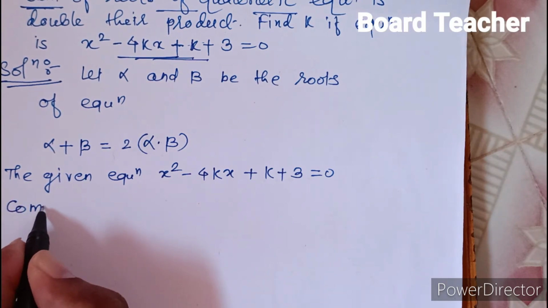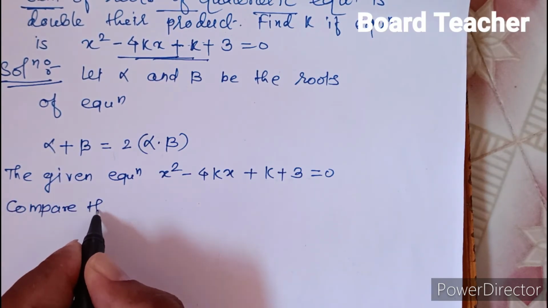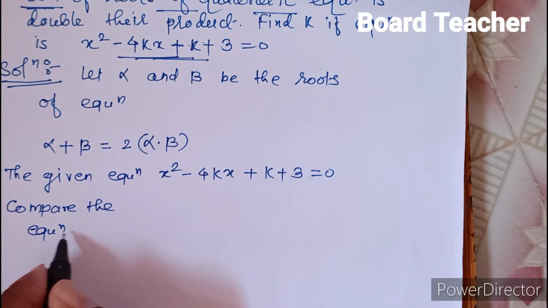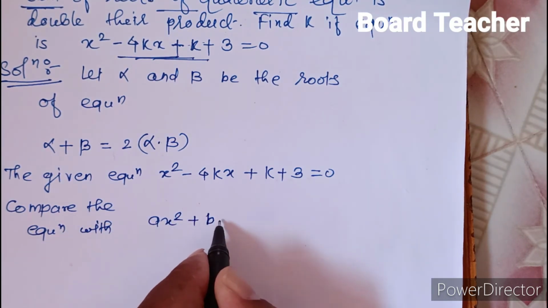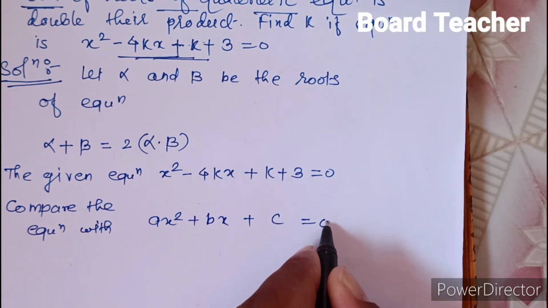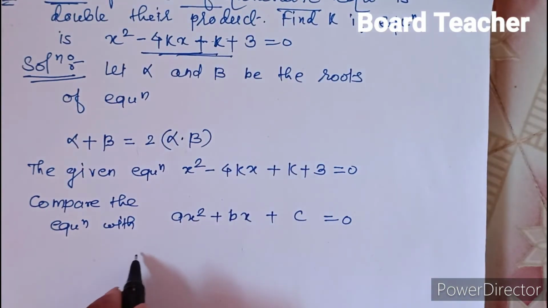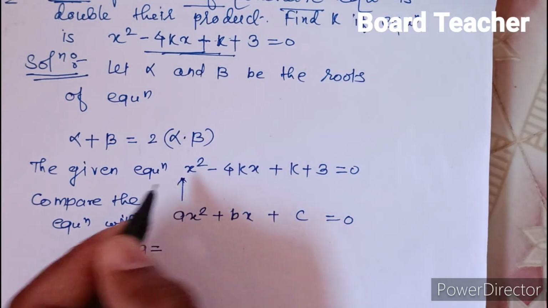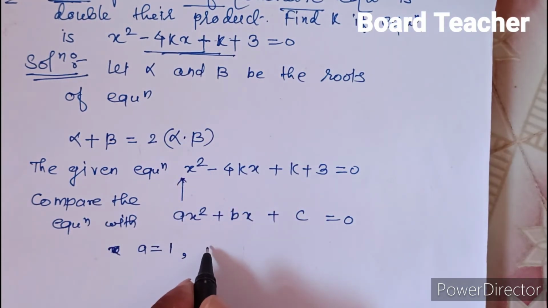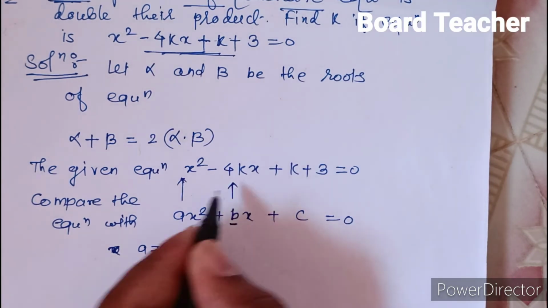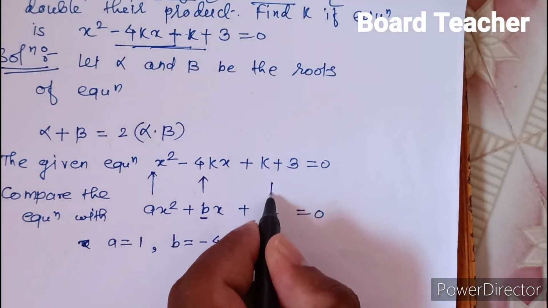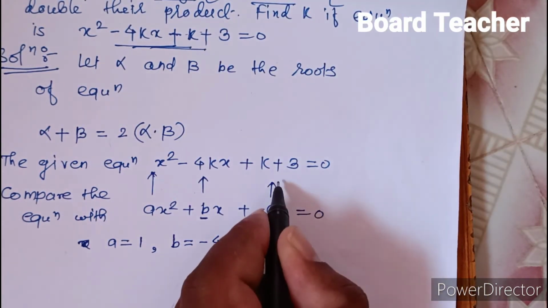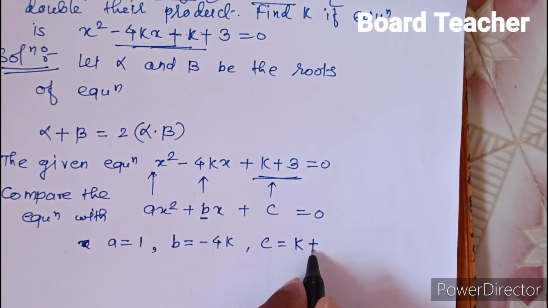Compare this equation with the standard form ax square plus bx plus c equals 0. On comparing, we get a equals the coefficient of x square, which is 1, b equals minus 4k, and c equals k plus 3.